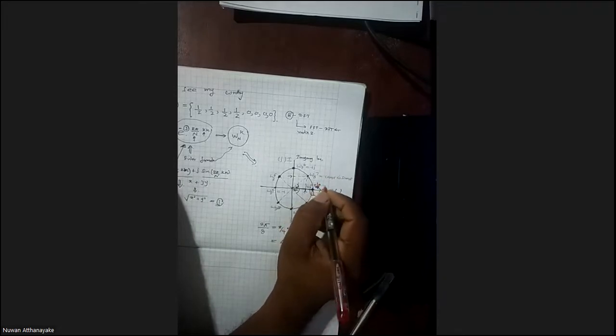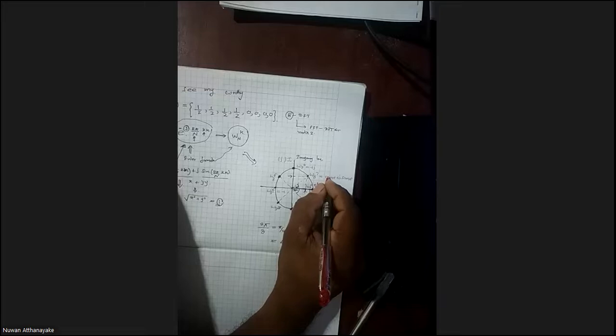You can keep it as 1 by root 2, but I think it is better if you can put the decimal value here. So what is the value of 1 by root 2? It will be around 0.8 or something, I think.